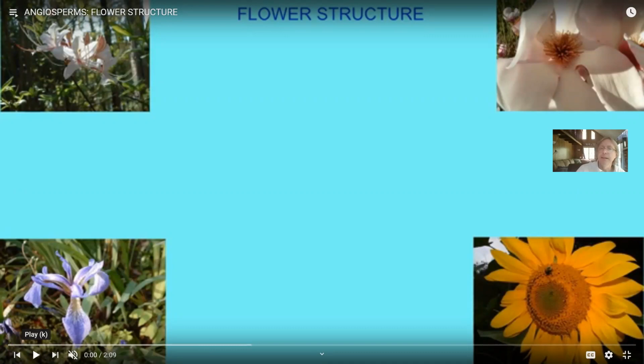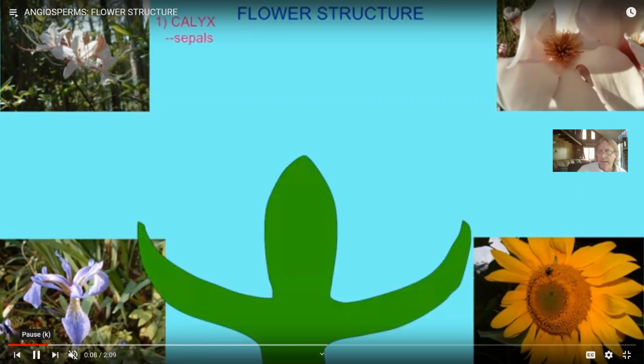That is free living, it is photosynthetic, and the gametophyte is even more reduced than what we saw in gymnosperms. Now, just because I'll be using these terms, let's go through the basic structure of a typical flower, although these can vary from species to species.